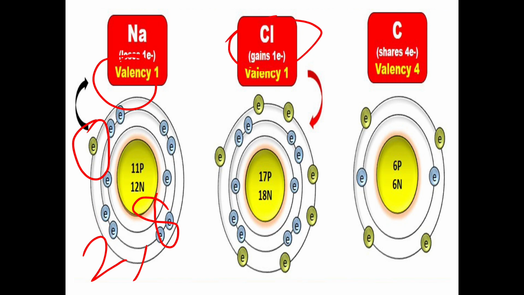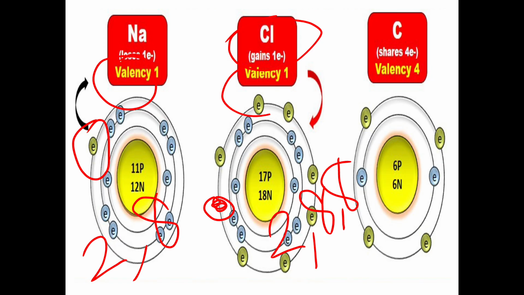Again for chlorine, it's taking one extra electron and it's getting the stability like argon and having the electronic configuration 2,8,8. So here the valency of chlorine is also 1.